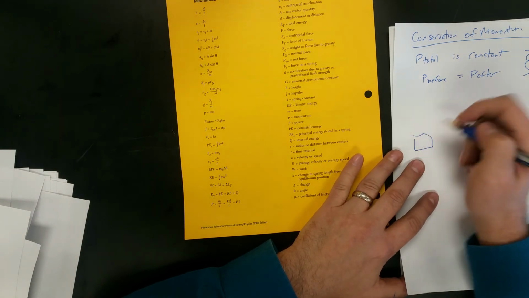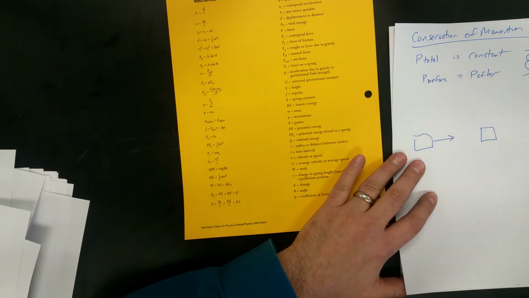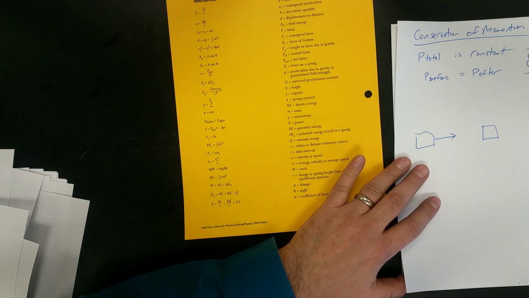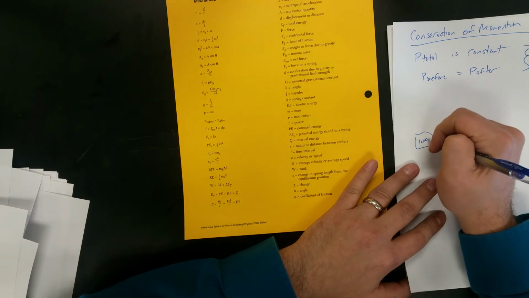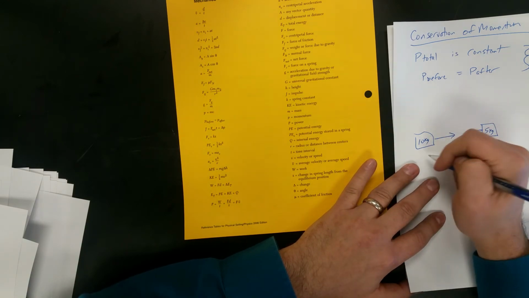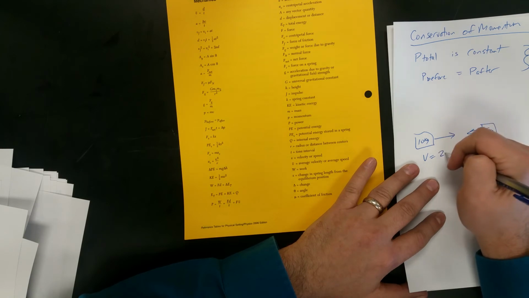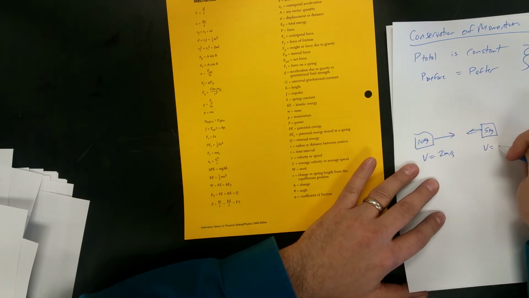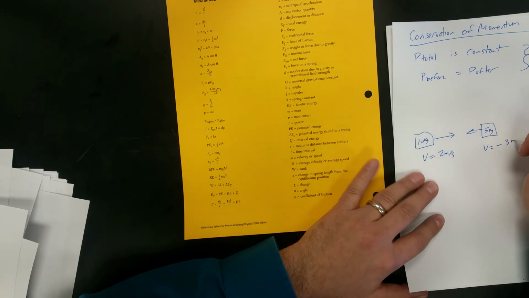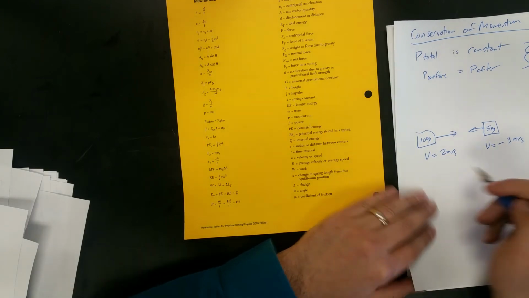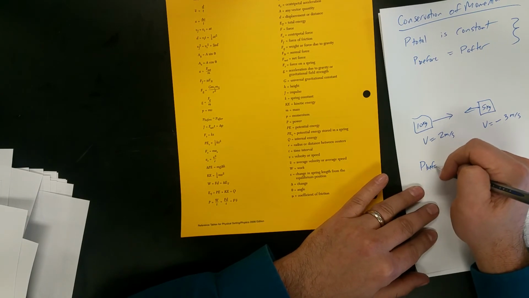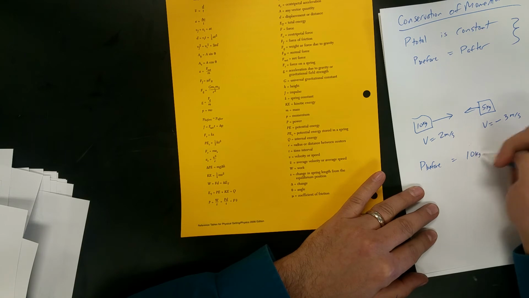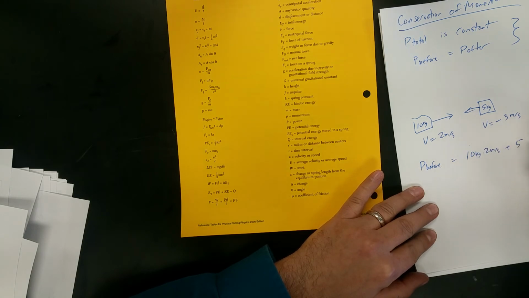So let's say that we have two objects moving towards each other. I'm going to say this is 10 kilograms, this is 5 kilograms. Let's say this velocity is 2 meters per second. This velocity we'll say is -3 meters per second. You typically need to know a little bit about what happens afterwards too, but let's just find out P before, which is 10 kilograms times 2 meters per second plus 5 kilograms times -3 meters per second.